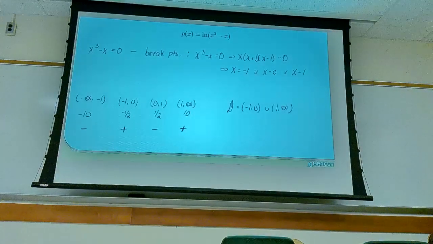Only the positive ones you just put down. We just want the positive ones, right? Because the intervals that are negative would make the function less than 0. The positive ones mean the function is greater than 0.